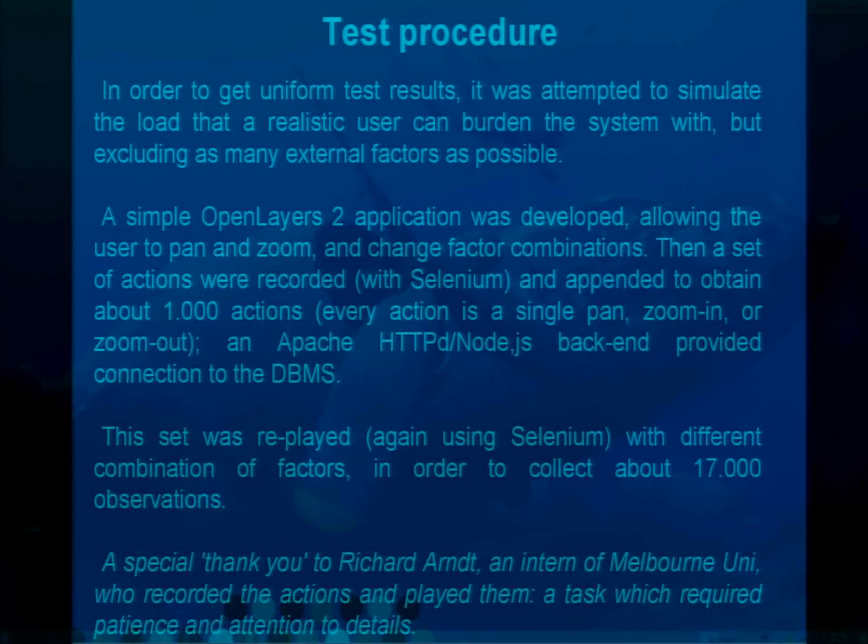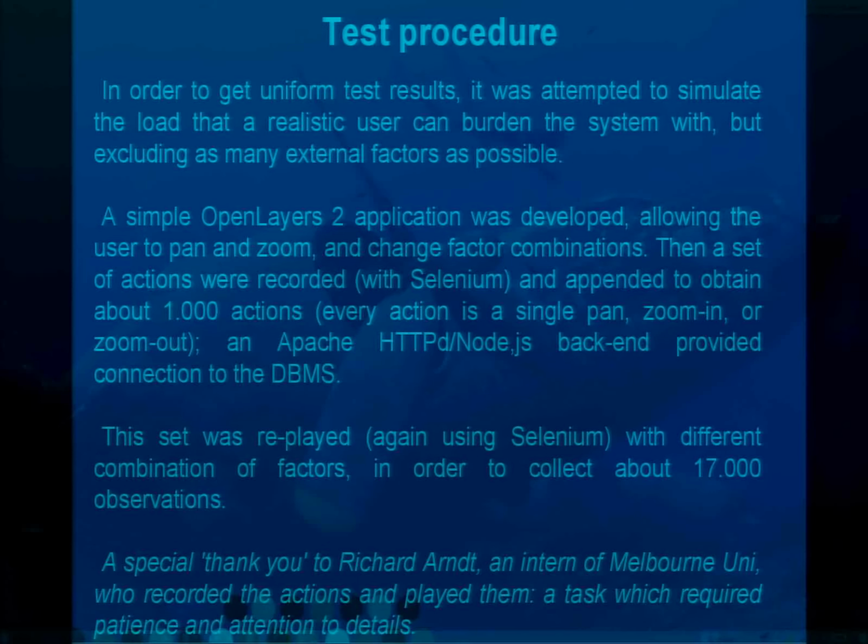Then that was duplicated in order to have roughly 1,000 actions, every action being a pan or a zoom or something. Those were played back using Selenium with different combinations of factors: different database, compression yes, compression no. So we ended up with about 17,000 different observations.